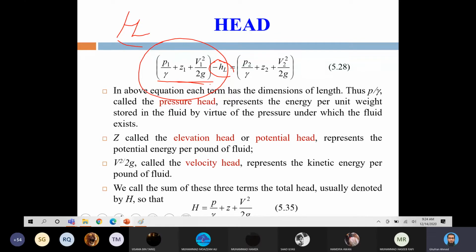Okay, so the sum of these three terms is known as total head, which is represented with H. So wherever the term H is written, it is basically a summation of pressure plus elevation plus velocity head.